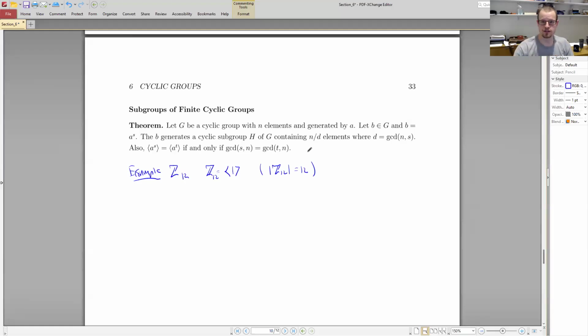All right, so let b be an element of G, and b equal a to the s. Now, for essentially all of the theorems, the notation assumes that we are representing the operation with multiplication. That might not be the case, such as in Z12.